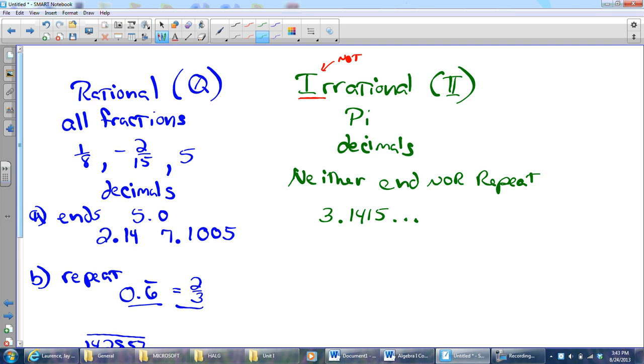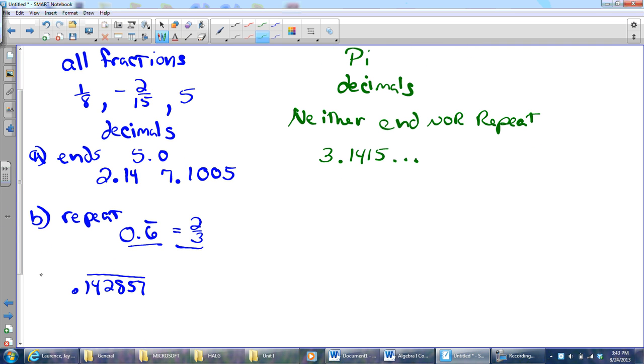Like in this 1/7 in blue over here. Yeah, this is the same as 1/7. It goes 142857, and then it gets 142857 again. This one here, which would be pi, 3.1415, it keeps going and going and going, and there is no repetitive pattern.